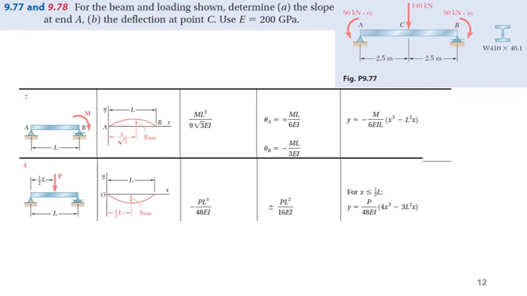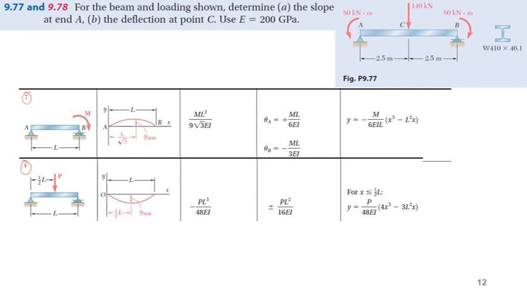in order to find theta, this loading from the appendix T table is case 7 and case 4, meaning I can write this.